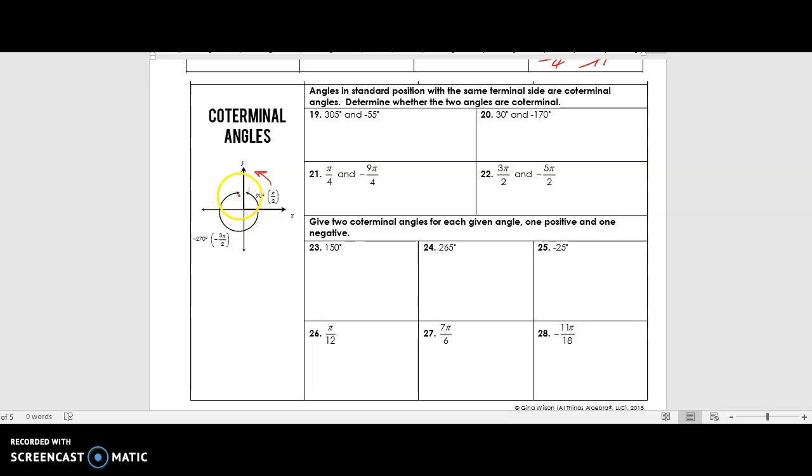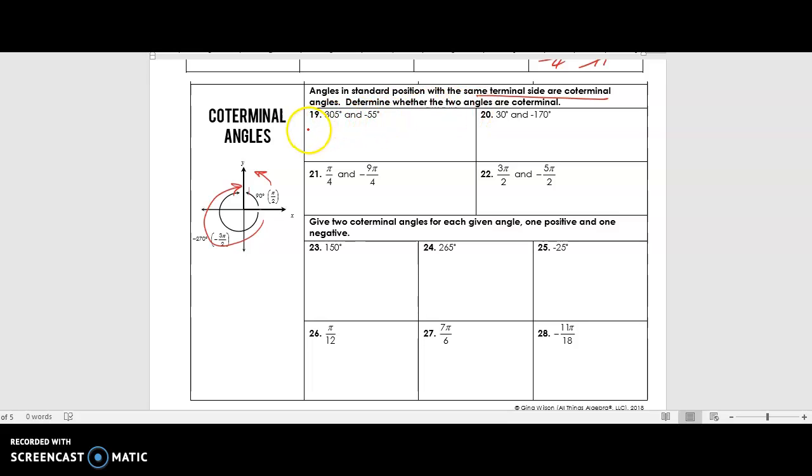Then the coterminal angle would be the angle with the same terminal side. The angles in standard position with the same terminal side are coterminal angles. That means even if you come in this way, you will hit the same terminal ray, isn't it?